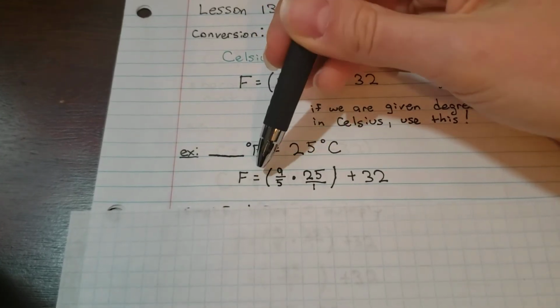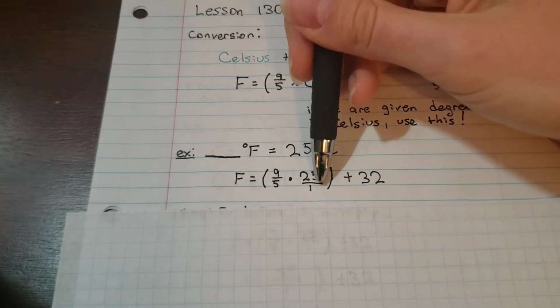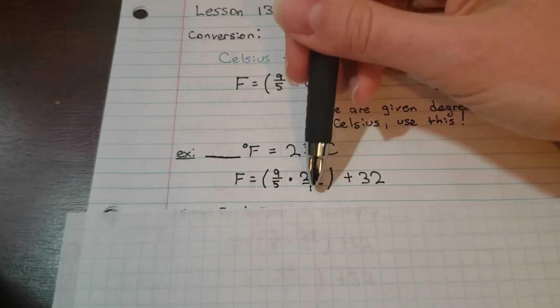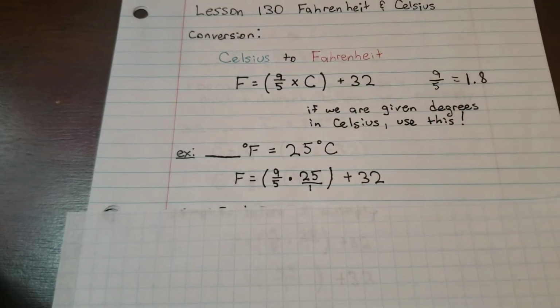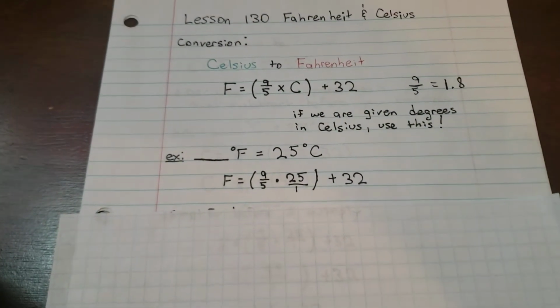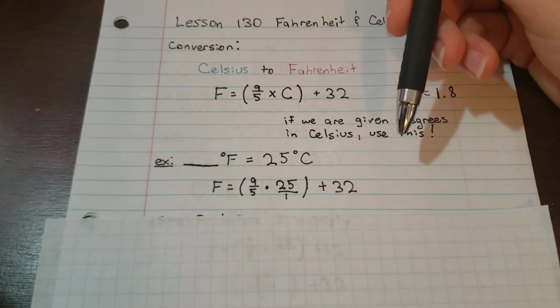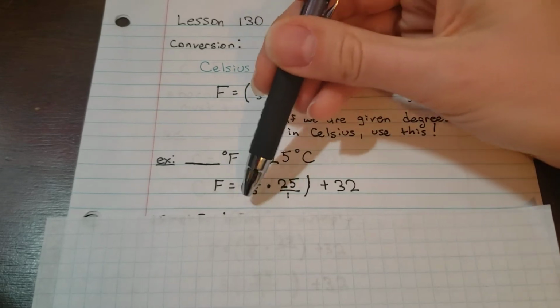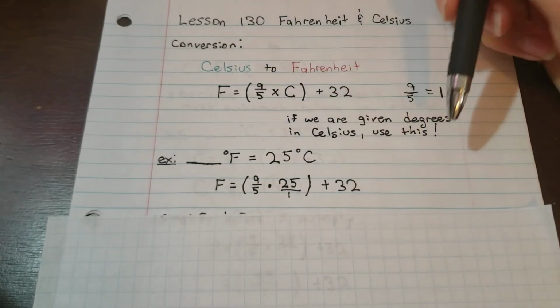We have Fahrenheit equals 9/5 times 25/1. Now, again, I put 25/1 because any whole number has 1 as the denominator. It's kind of just the standard. It's the go-to. It's what is implied, although it's not written. Since this is in parentheses, this is what we're going to do first, and then we're going to add 32.